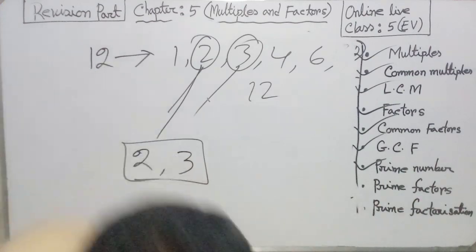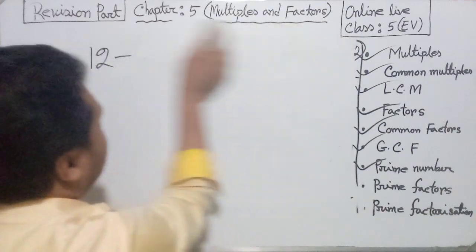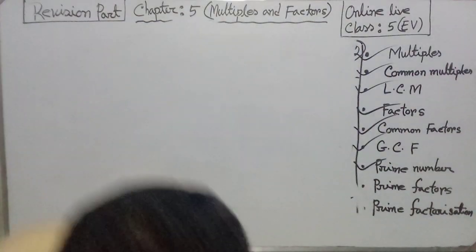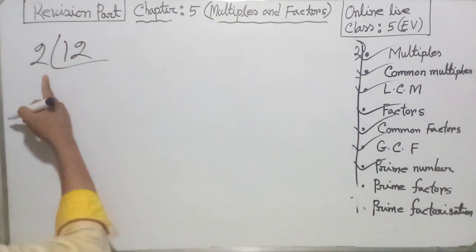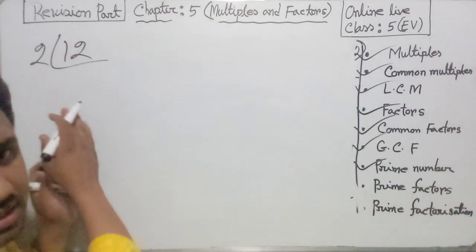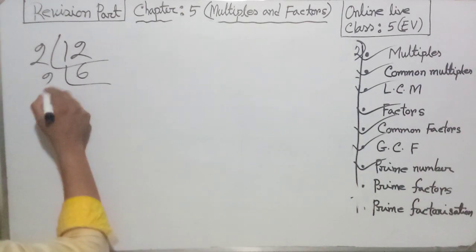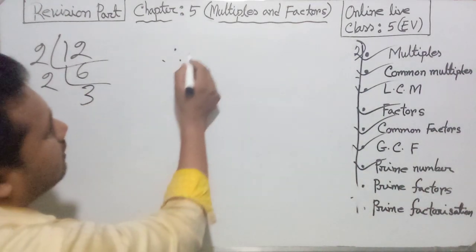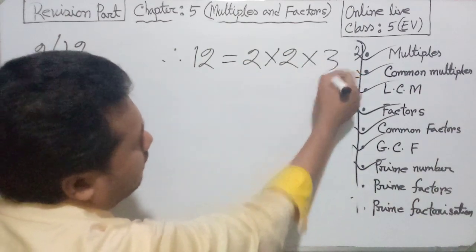Now dear students, prime factorization. Suppose 12. 2 is a prime number and the smallest prime number. If we divide, this is 6; again if we divide by 2 it will be 3. Now we can write 12 equals 2 into 2 into 3.